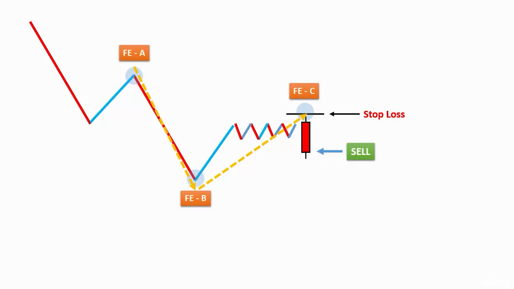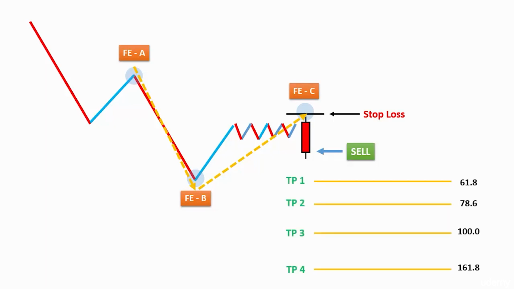So by the time we connect the Fibonacci expansion points, the Fibonacci price prediction levels will be placed automatically in the chart. Here we will choose the Fibonacci expansion levels or price prediction levels to target for the initial and further profit levels. So that's the basic rule of trading an invalid swing point at the valid lower high level in a downtrend market. Now let me give you an example of this setup using a real price action chart. So let's flip to the MetaTrader trading software.